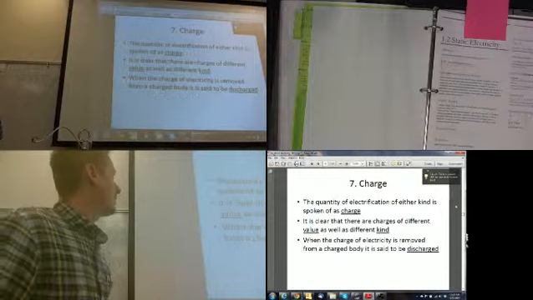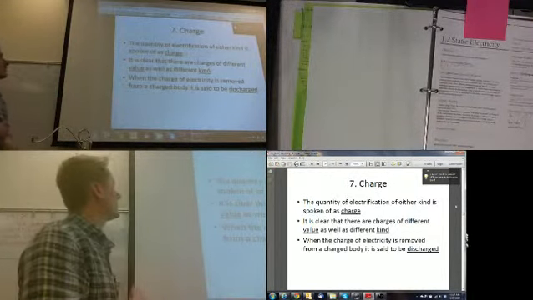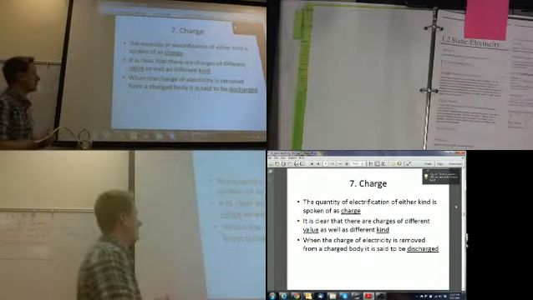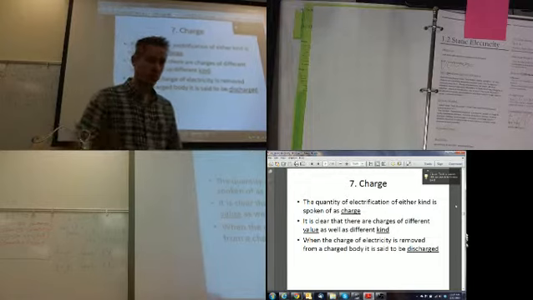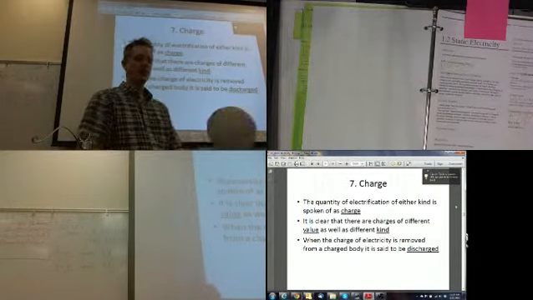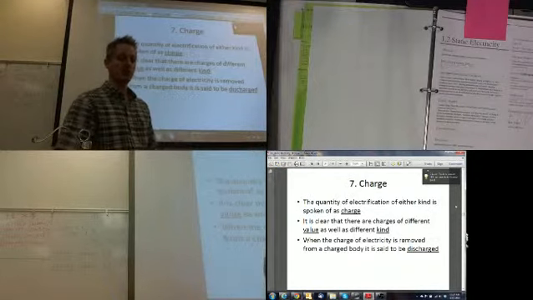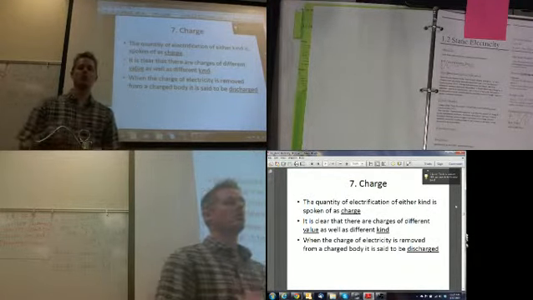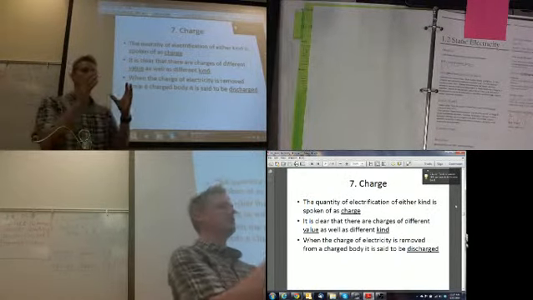Charge. When we talk about charge, we say that charge is the quantity of the electrification of either kind. So if I say that this has more charge than this, then that's the quantity we're talking about. It's kind of like a dozen of eggs, right? You don't talk about one egg, you group them up. So when we talk about charge, we group a bunch of electrons together.